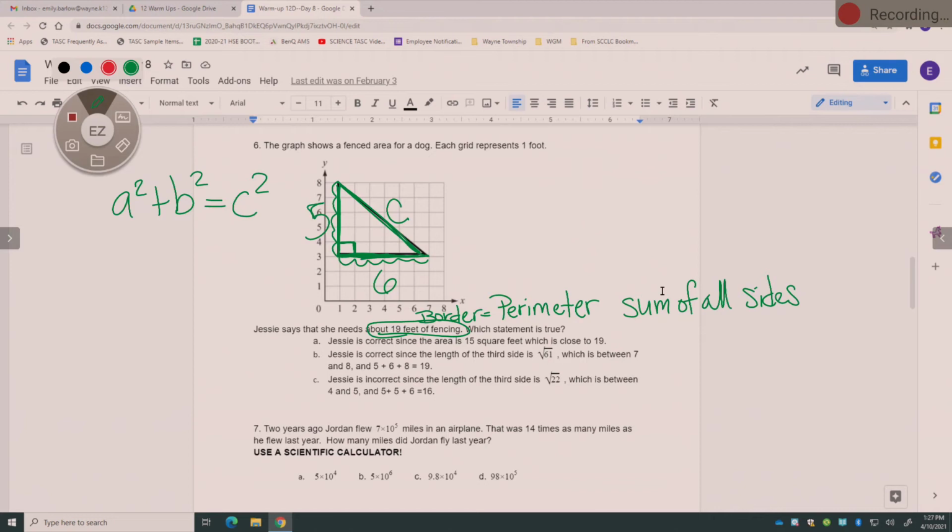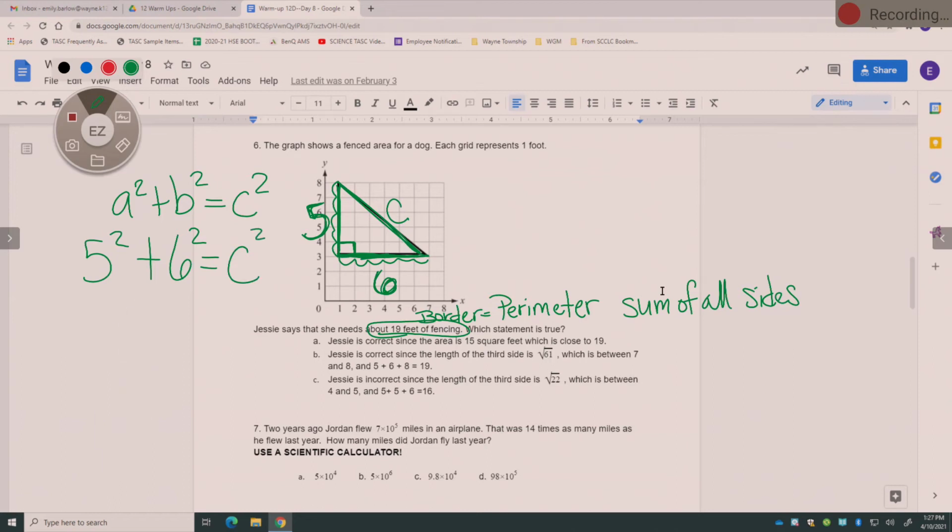A and b are my legs. That's this 5 and this 6, and c is my hypotenuse. So a squared can be 5 squared plus b squared can be 6 squared, but I still don't know c. That's what I'm trying to find out. So I'm going to keep that at c squared.